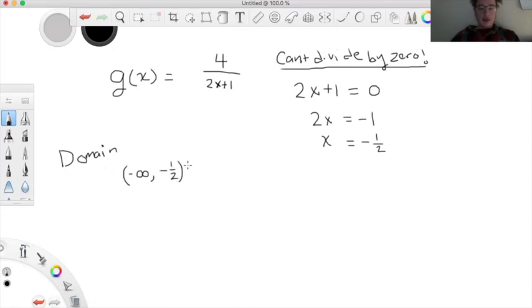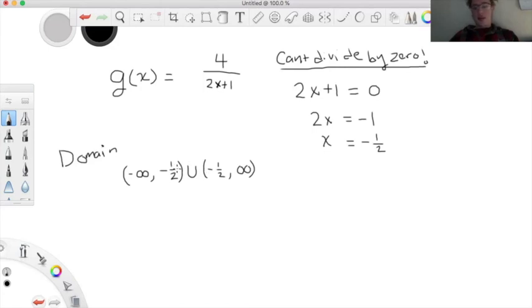All right, and we'll write a U, which means union. And we'll go from -1/2 to infinity. And notice I used parentheses here instead of square brackets.